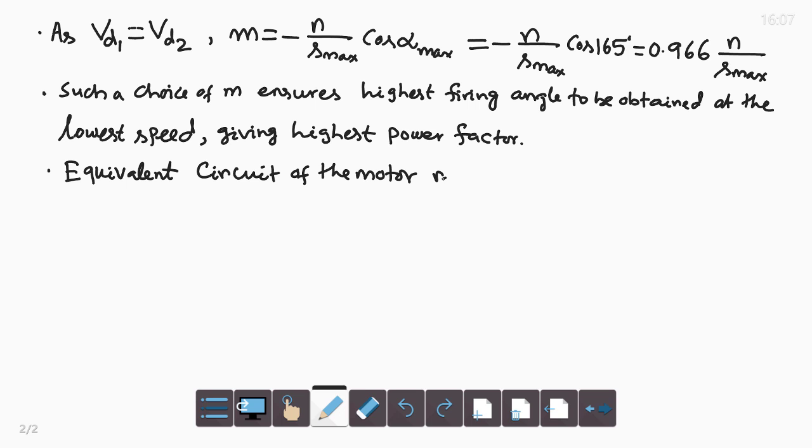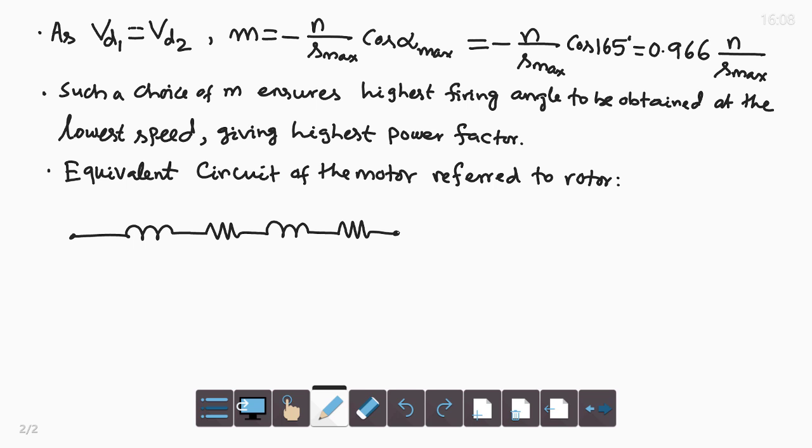Refer to rotor. So, this is the rotor terminal.